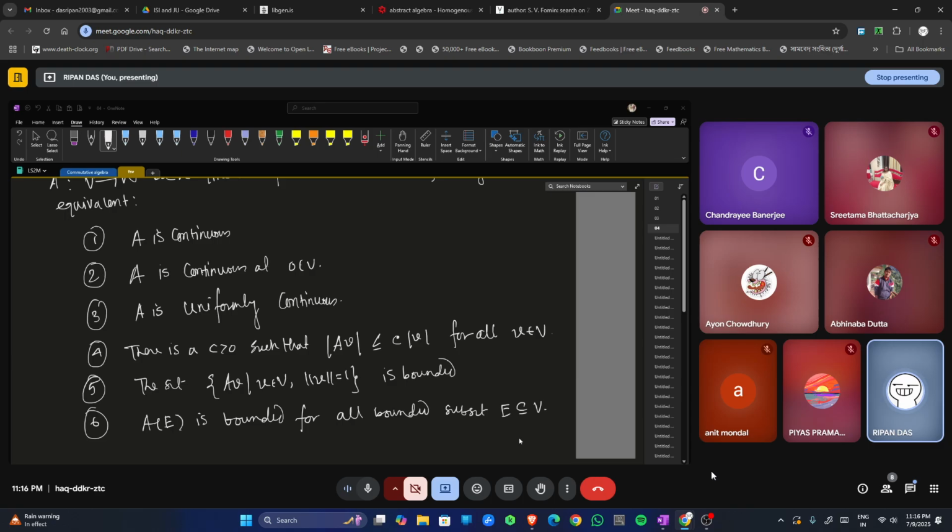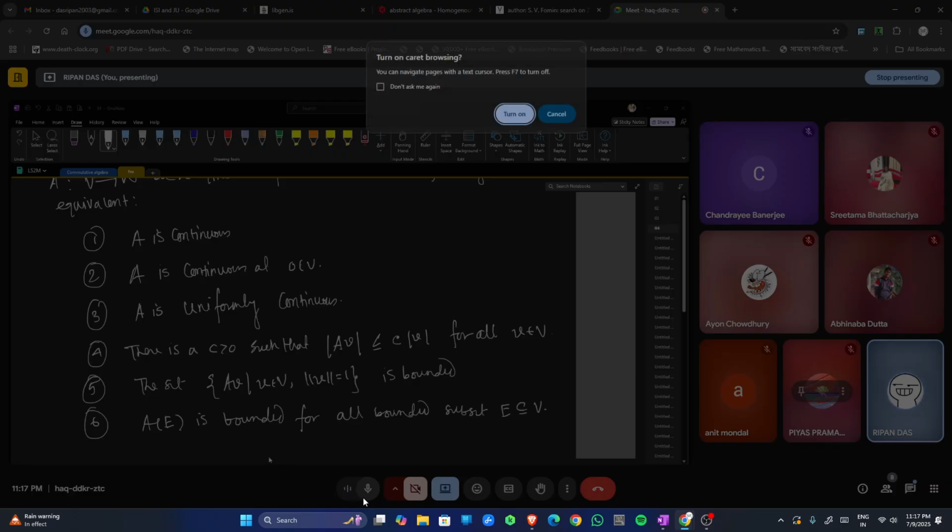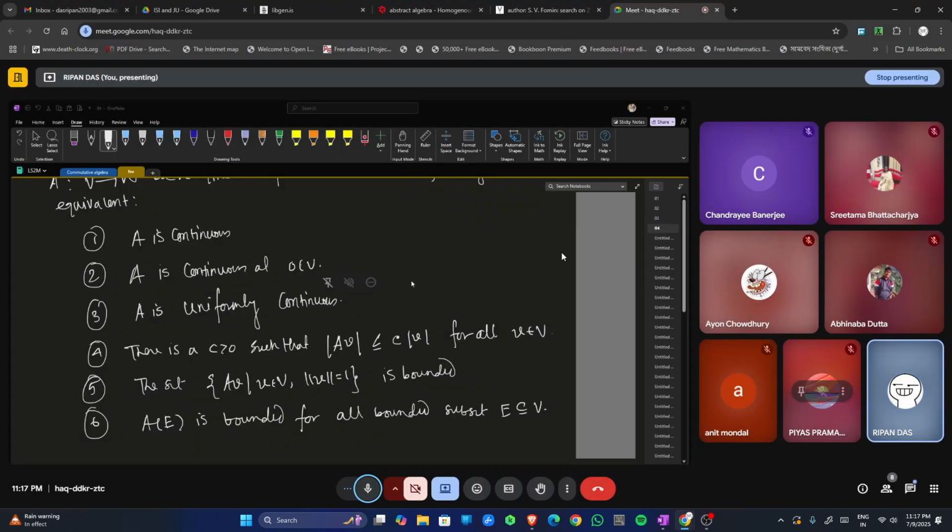Which implications are trivial? What about 5 implies 6? How can we show that 5 implies 6?